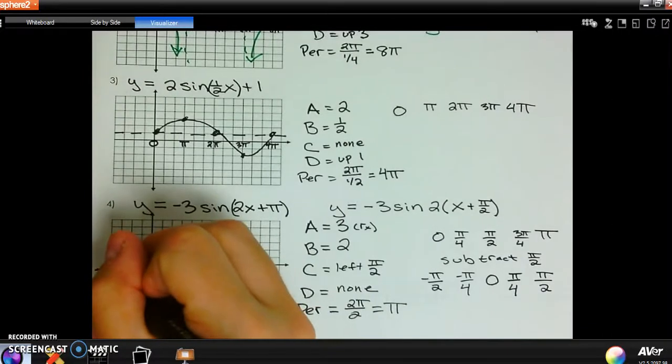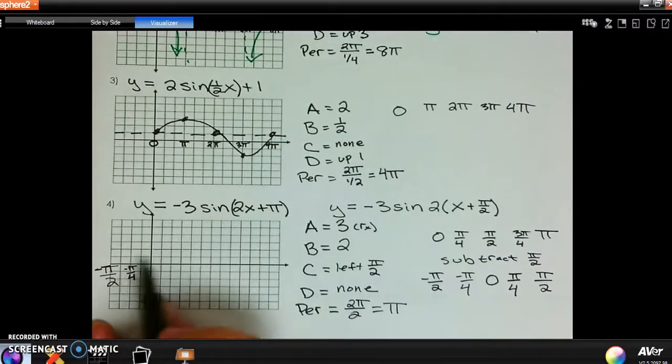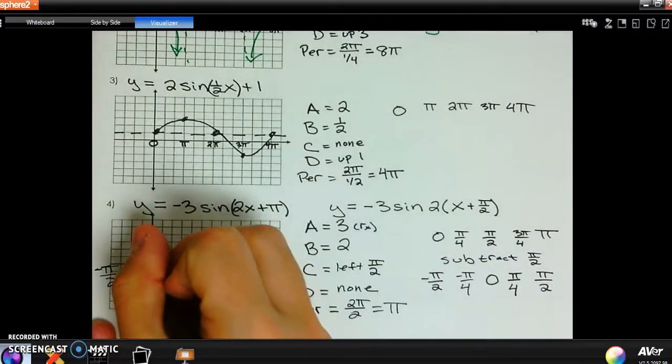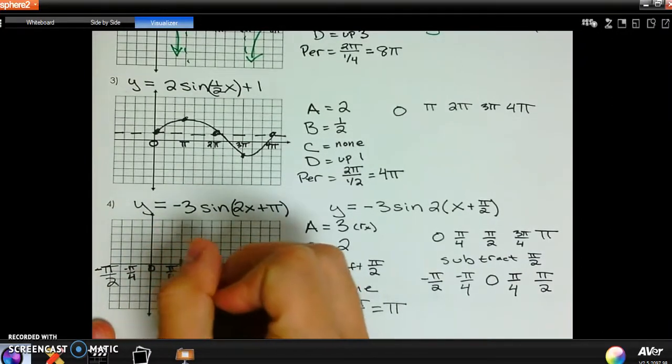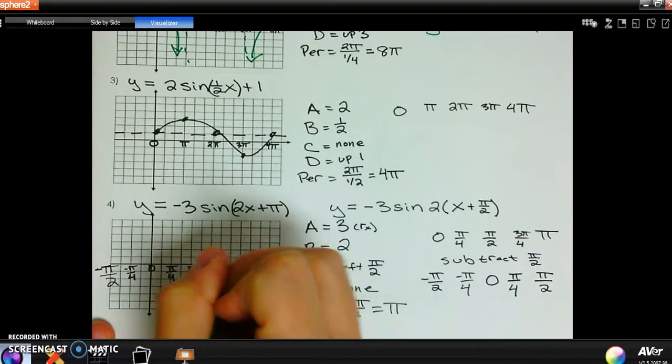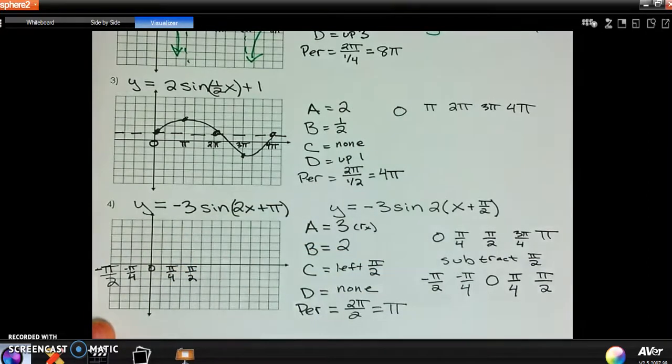Those are negative, and so this would be 0, then pi over 4, and the next one would be pi over 2. Again, I counted every other block as a pi over 4 just so that it would fit. If I skip 3 blocks, I wouldn't have enough room for this.